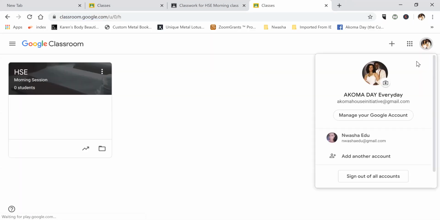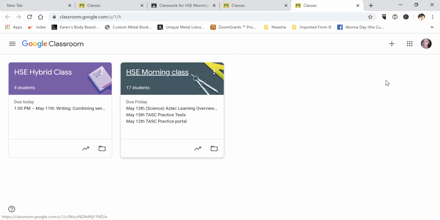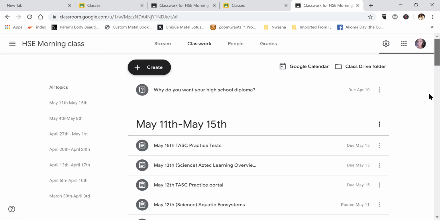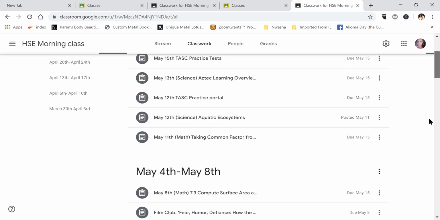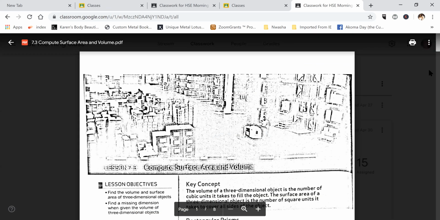Surface area. What is it? So in the textbook in 7.3, the one we were doing before this one, here's the surface area.